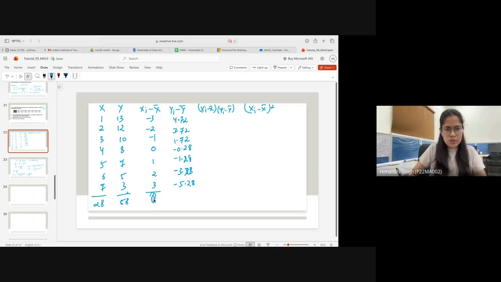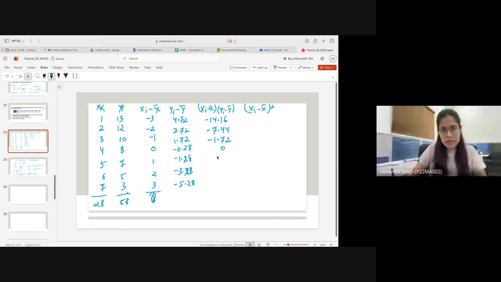So that we do not want actually. We want the products. 4.72 multiplied by minus 3, so this is minus 14.16. 3.72 multiplied by minus 2 is minus 7.44. This will be minus 1.72.